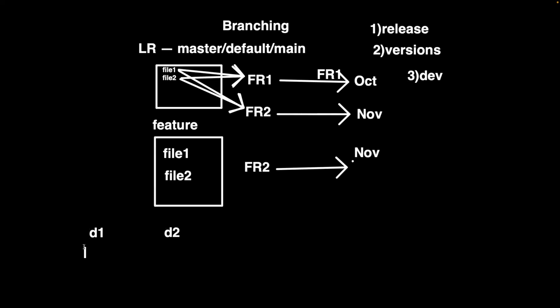I have to work on Terraform with EC2 configurations. This D2 has to work on S3 configurations. So rather than messing up, I will create my own branch from master. Create a copy from master and do your work. This guy also will create a branch from master and continue his work. So we are working on parallel branches, right?